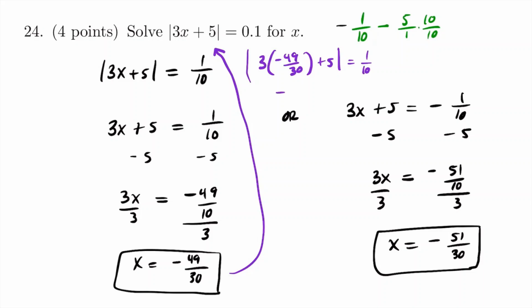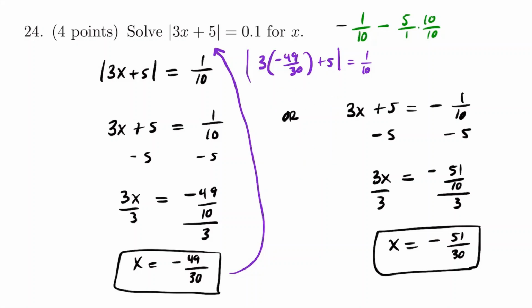So you'll get negative 49 over 10 plus 5. And then you simplify this. So negative 49 over 10 plus 5 times 10 over 10. So you'll have negative 49 plus 50, that's 1 over 10 in absolute value. So this checks. So this seems to work.